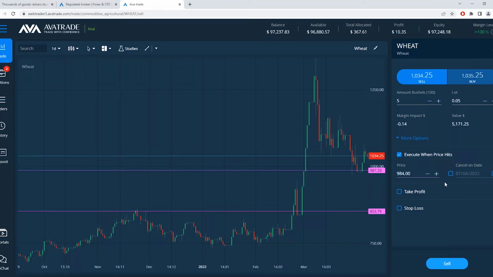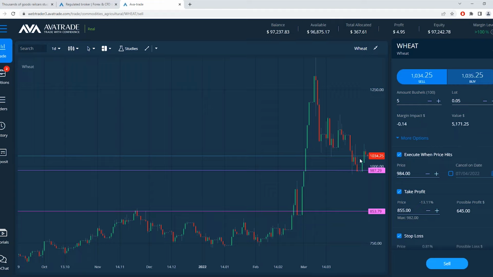If the price hits 984, and I can restrict it by date, okay, not by time, but by date. I can say it's only good for the next week. I can program it a time frame that it'll activate within. I'll just leave the date off. Take profit then could be down here around 850. Say 855 to be above the support level enough.